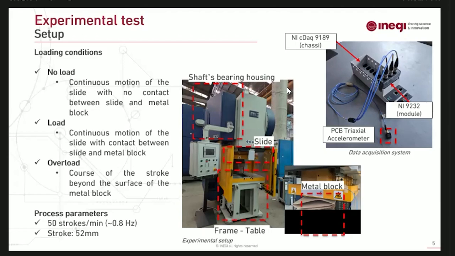And then we did overloads to simulate a failure, where the slide would have to go beyond the surface of the block, so it has a resistance. When it wanted to go further, it couldn't, and the press would go into overload and stop.